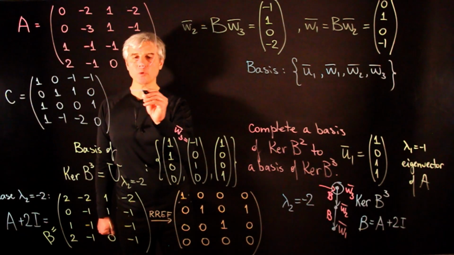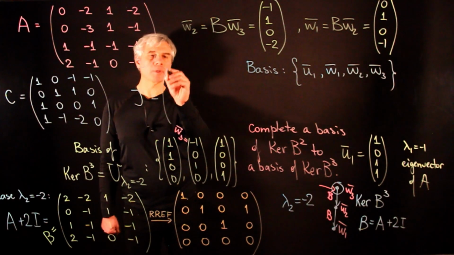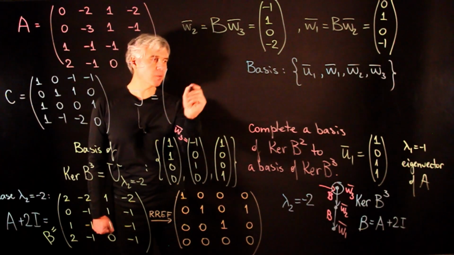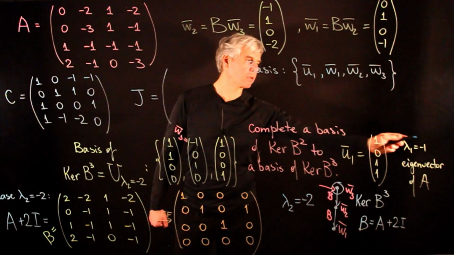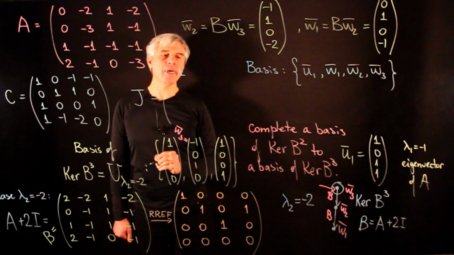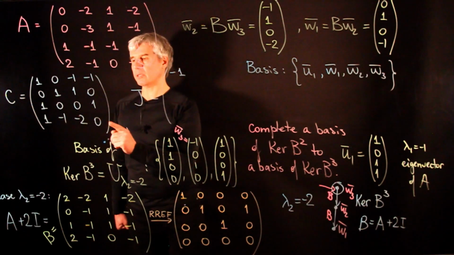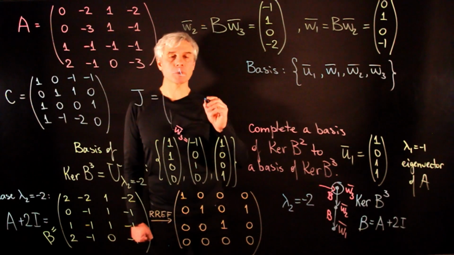And we write the Jordan normal form matrix. So here in the top left corner, we'll have a 1 by 1 Jordan block that corresponds to lambda equals -1. So here we'll have -1. And then we have a 3 by 3 Jordan block that corresponds to lambda equals -2.